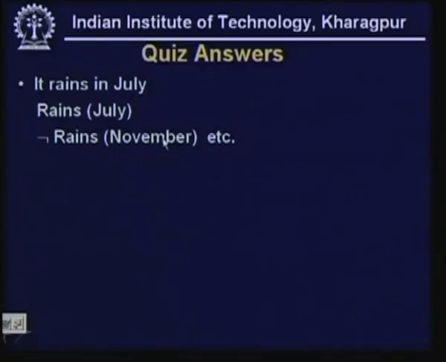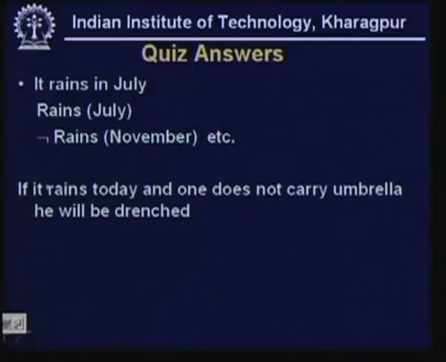This is rather simple, but the next example was also one of the problems given. If it rains today and one does not carry umbrella, he will be drenched. How do we represent this one? As you can see, there is an implication here, if and then.